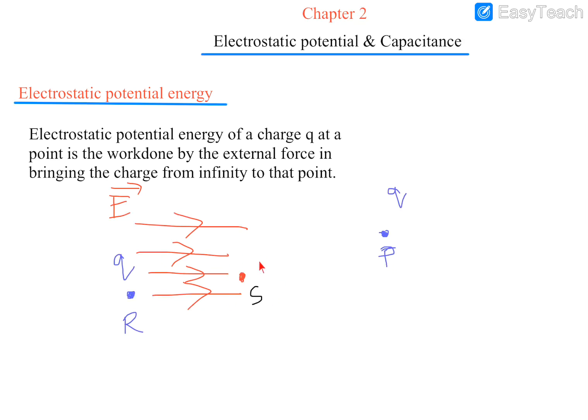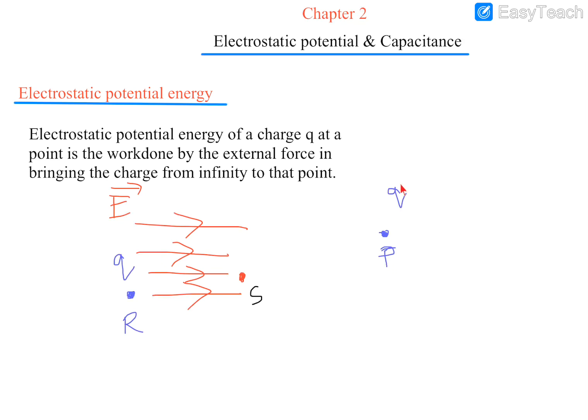S is in that electric field, so if you keep a charge at S, it will also experience the electric field produced by the charge Q at R. For explanation simplicity, we considered both as plus Q.